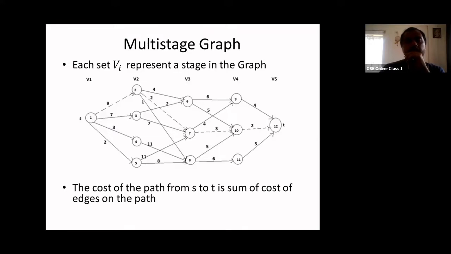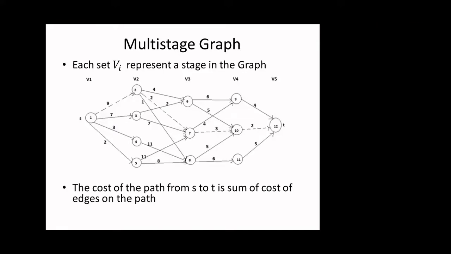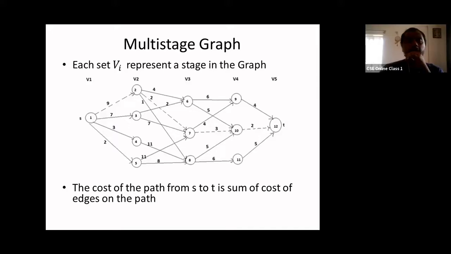Correct. So a multi-stage graph is a very simple graph where vertices are divided into stages, and edges originate from one stage and end at the next stage. And for our easiness, what we have done here is that the vertices are numbered according to the stages.